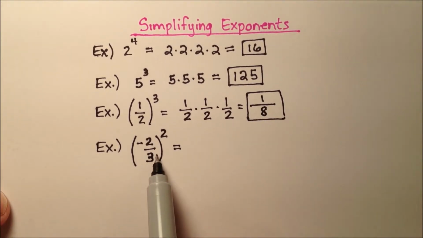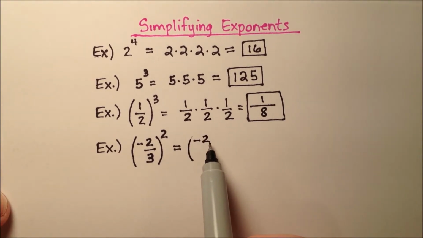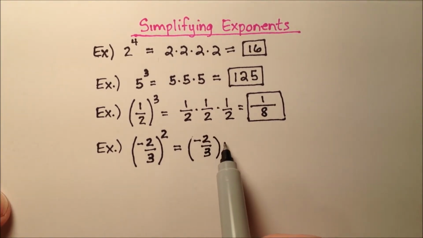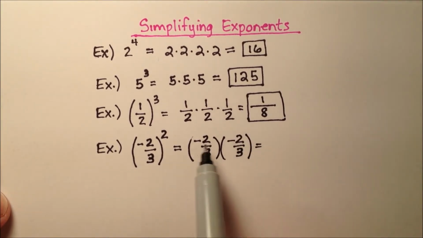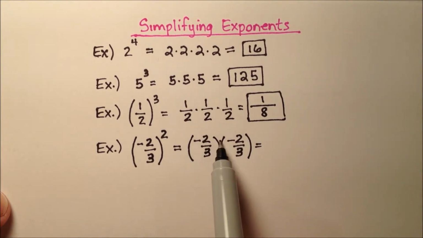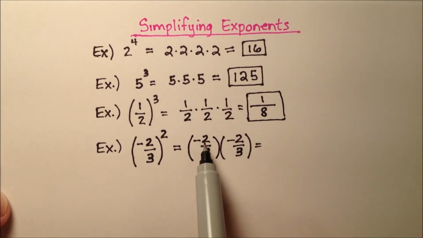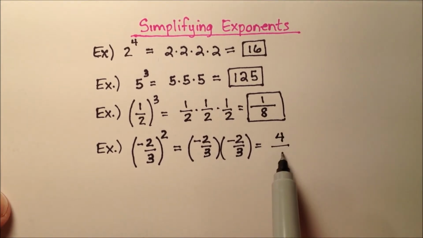Well, I'm multiplying all of this stuff in here by itself. So I'm going to have negative 2/3 times negative 2/3. And since it's a squared, I just have 2 of them. Well, same as before, let's multiply straight across the top. Negative 2 times negative 2 is 4, and 3 times 3 is 9.